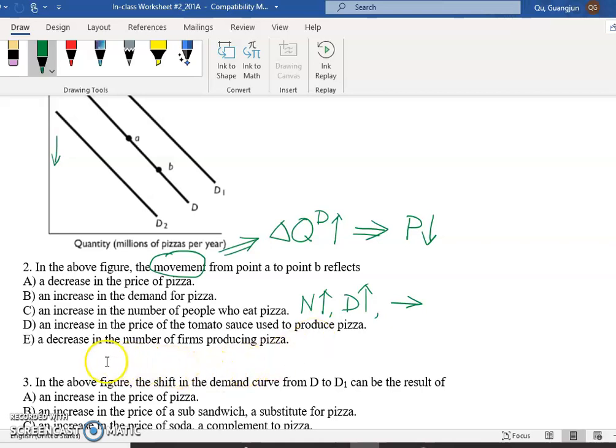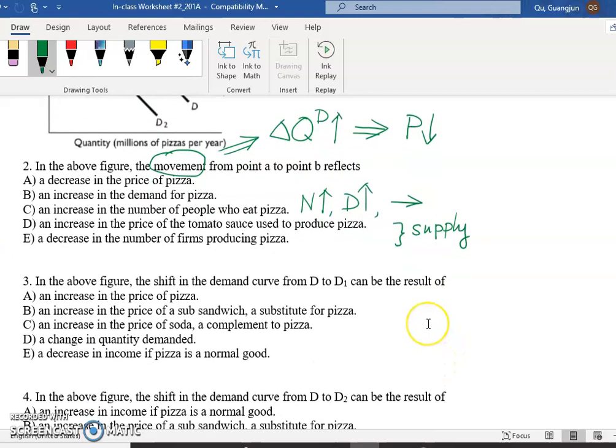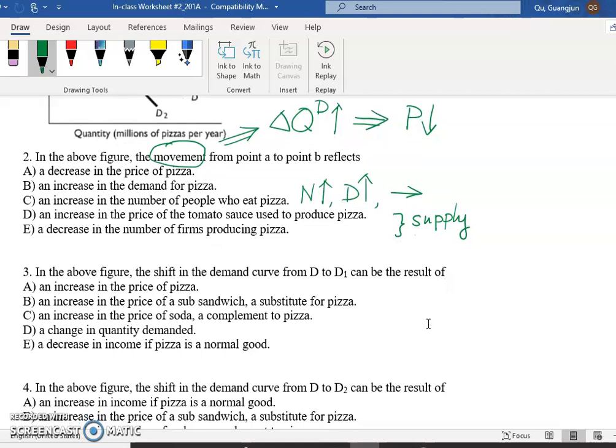And E, a decreasing number of firms producing pizza. Again, this is about the production. This is about the supply, okay, which we will discuss later. But remember, in the graph, we are talking about the demand curve, not the supply curve. Okay, so D and E are out. Now let's check out one more.